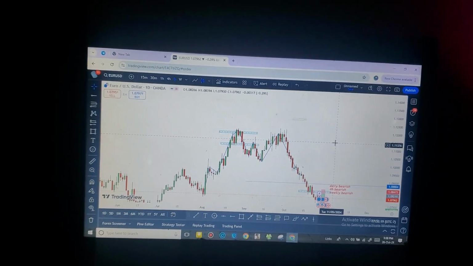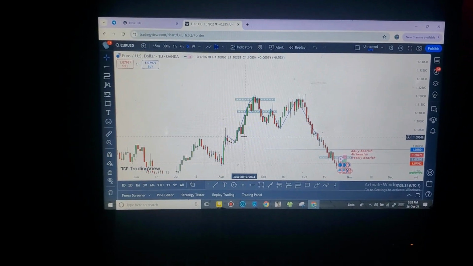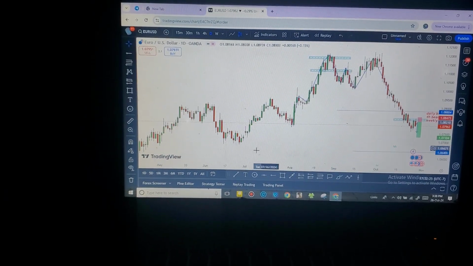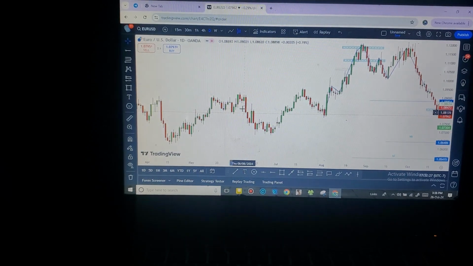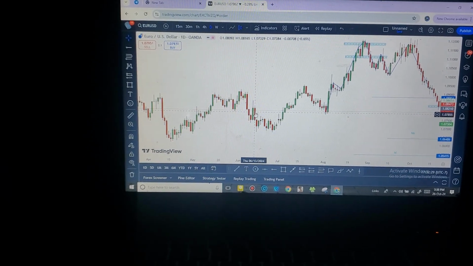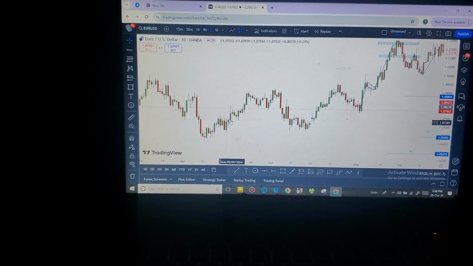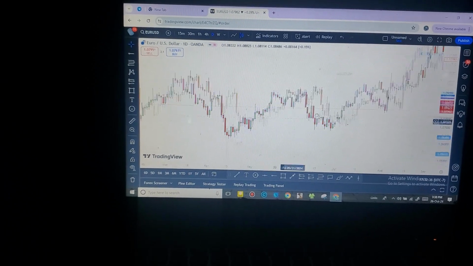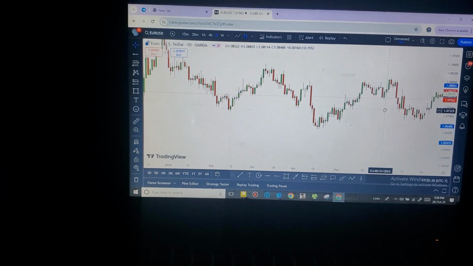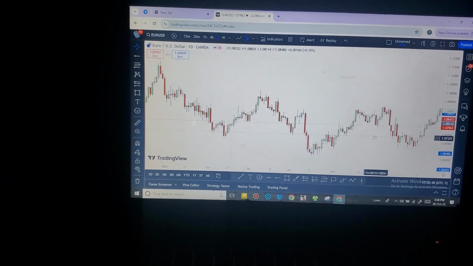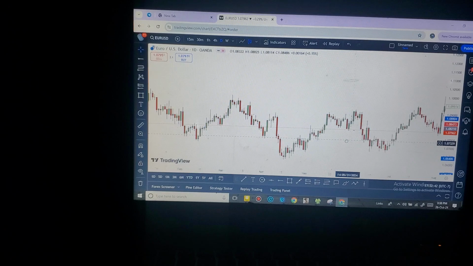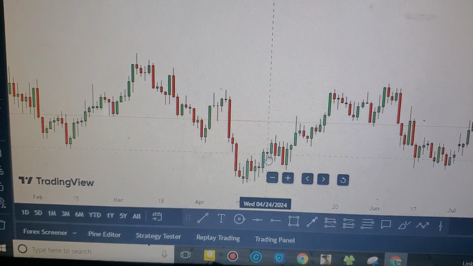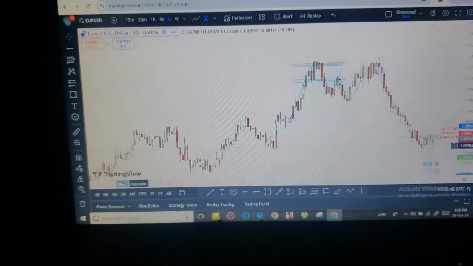For example, this candle here is even still open, but something like this, you can see this candle is too close, too tight up to be called that.